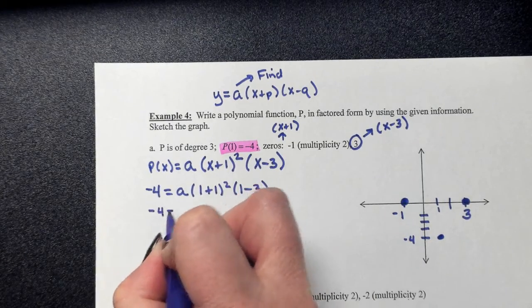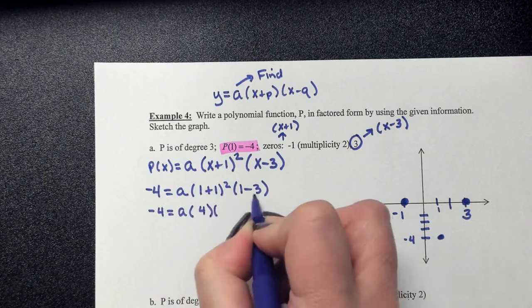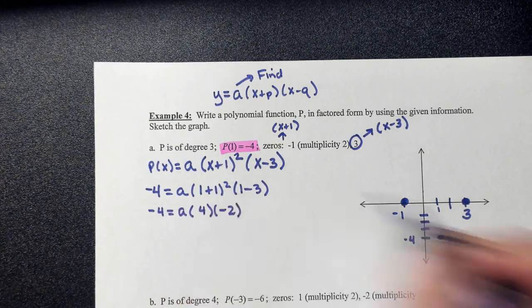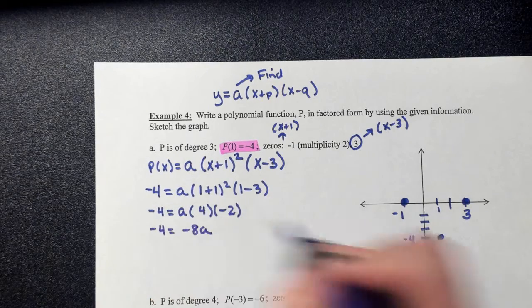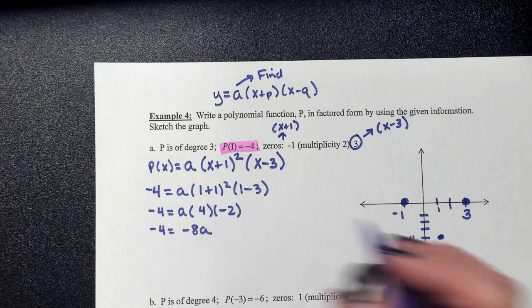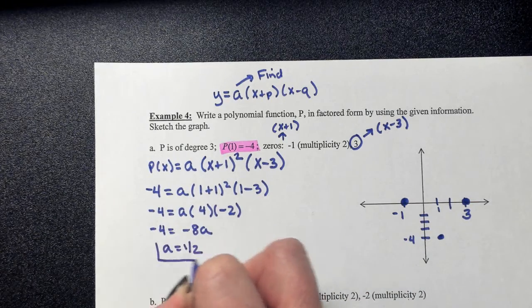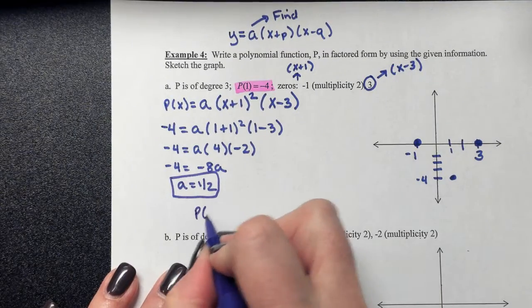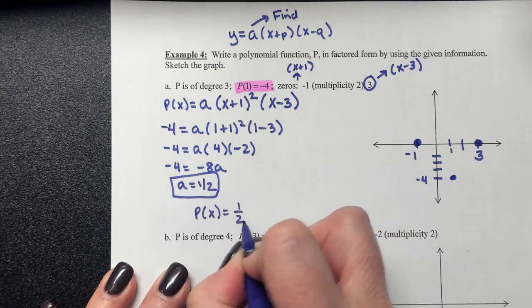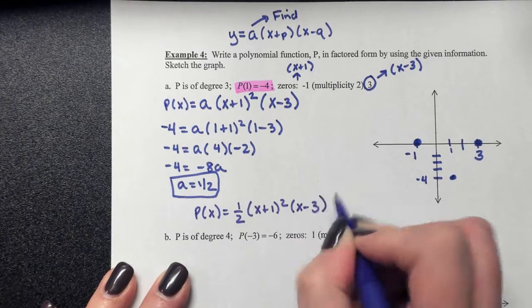So -4 is equal to a times 2 squared is 4 times 1 minus 3 is -2. So I have -4 is equal to -8a. And then when I solve, a is going to be equal to 1/2. So I can finish writing my equation. P of x is equal to 1/2 times x plus 1 squared times x minus 3.